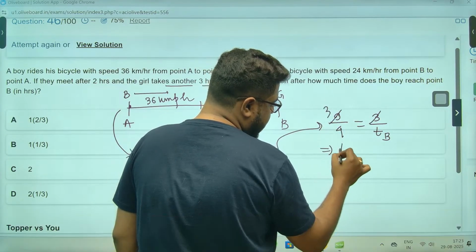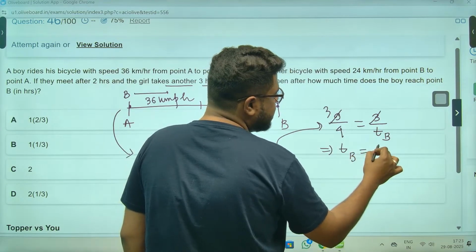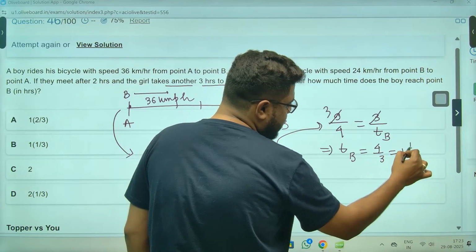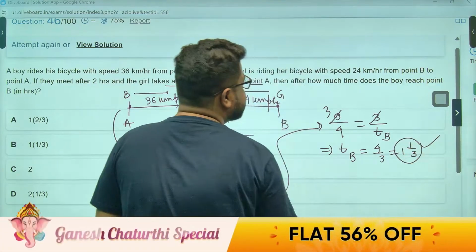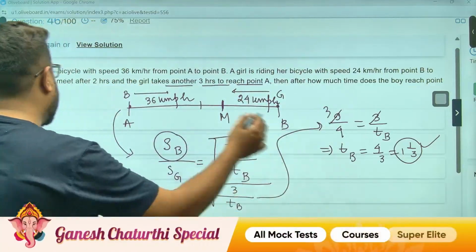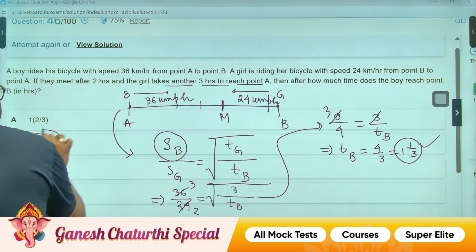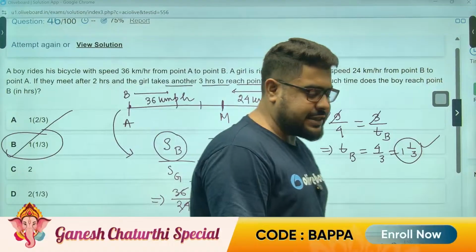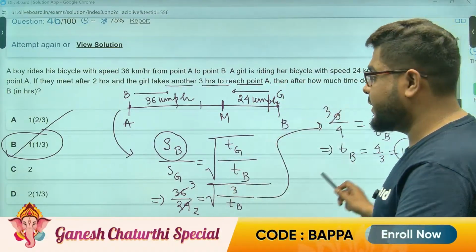So time of boy will be, sir, 4 by 3, that is 1 whole 1 by 3. That means the boy will take 1 whole 1 by 3 hours after the meeting to reach the point. That is option B. That's the simplest way of solving this.